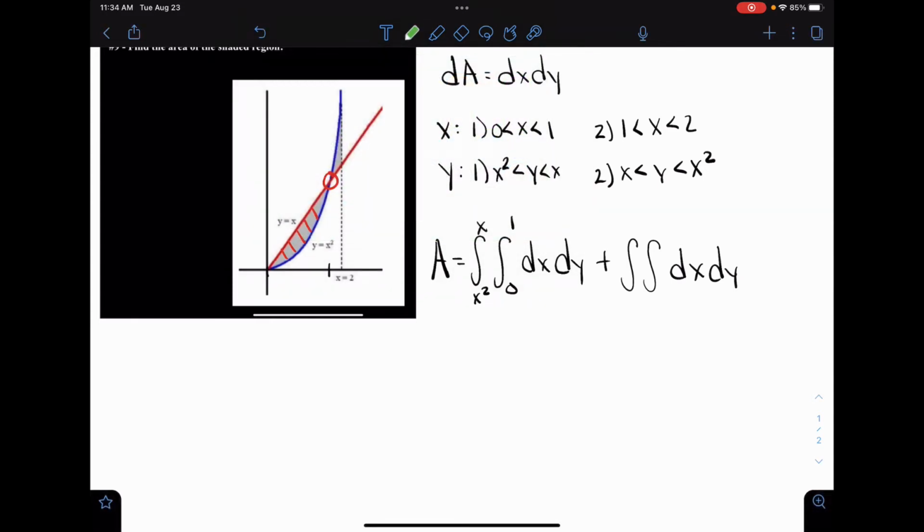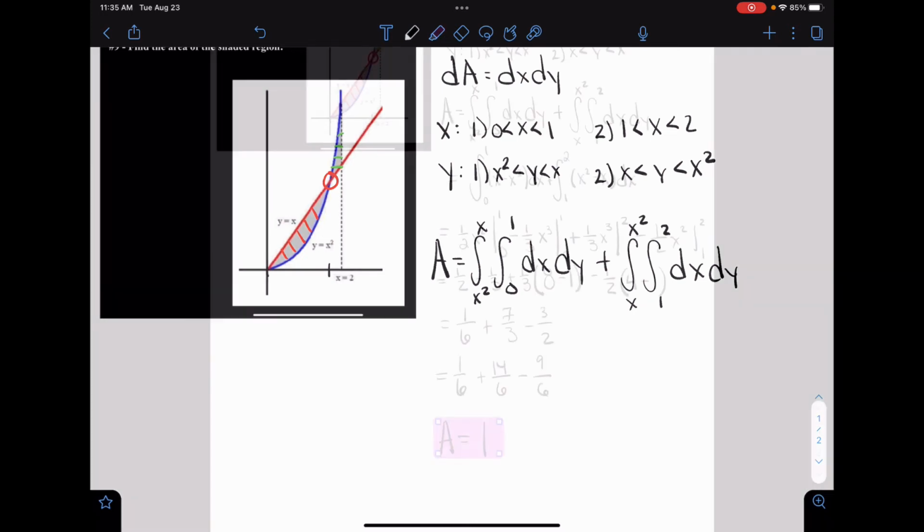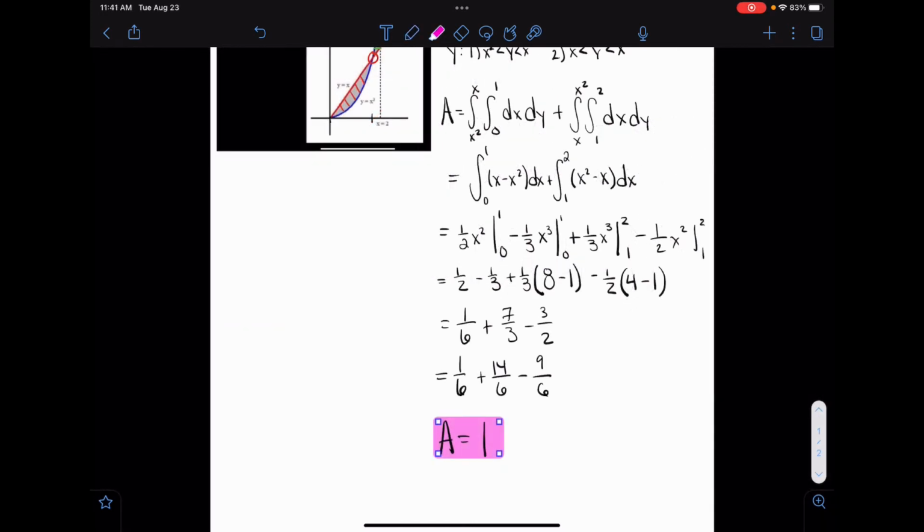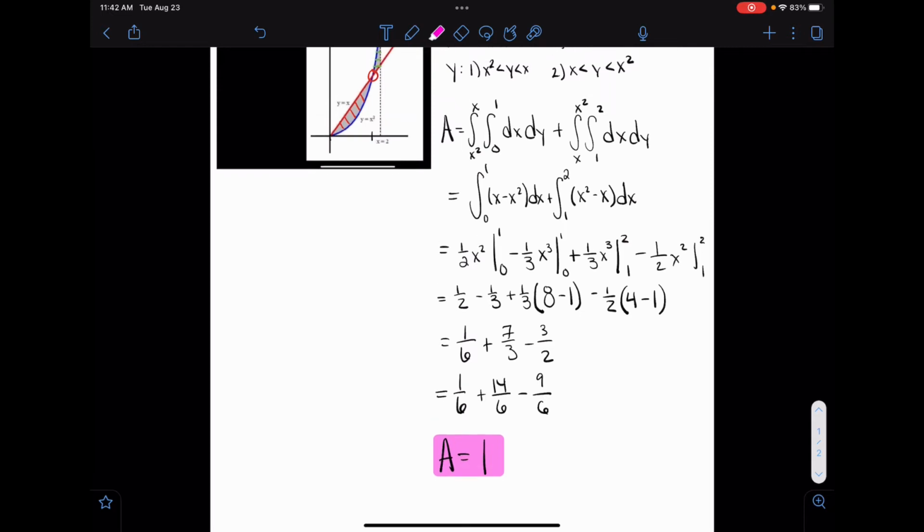And the second integral, the second shaded region highlighted in green, is going to go from, for the x variable, 1 to 2, and for the y variable, from x to x squared. Now we're going to take a moment and solve this integral. All right, once you solve that integral, you'll find that you get an area of A equals 1.